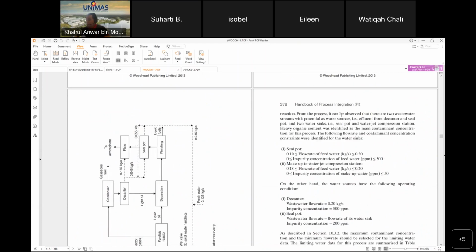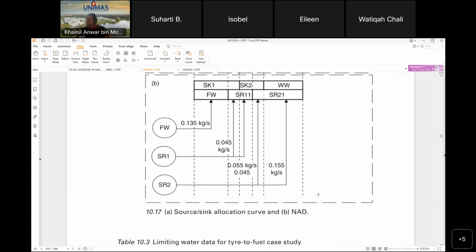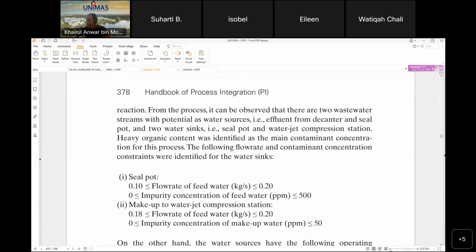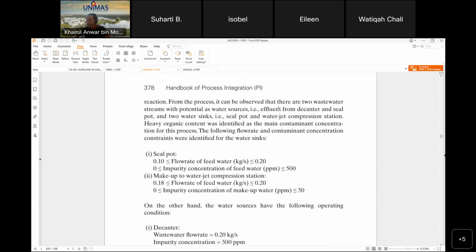From the process, it can be observed that there are two wastewater streams with potential as water sources, effluent from the decanter and seal pot, and two water sinks, seal pot and water jet compression station.